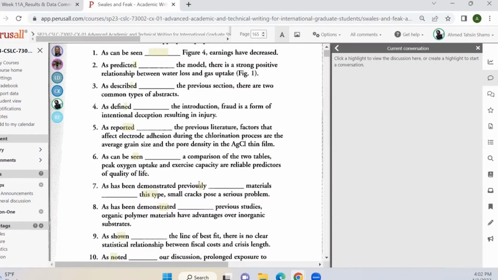We're done? Yeah, let's discuss. Let's see the first preposition, let's start with this one. "As can be seen, blank figure 4, earnings have decreased." It's an easy one.